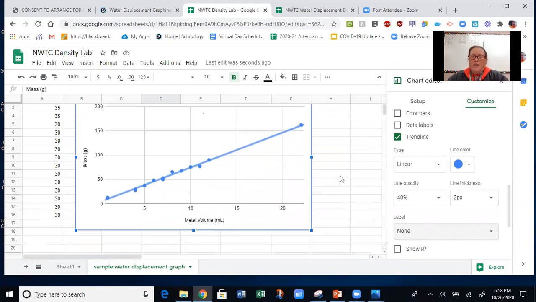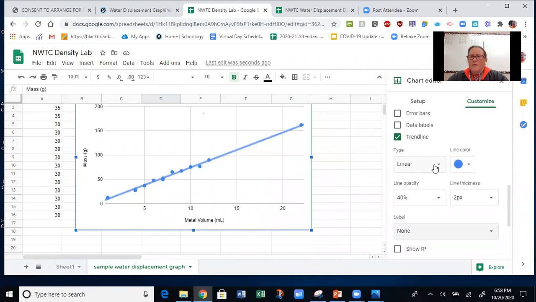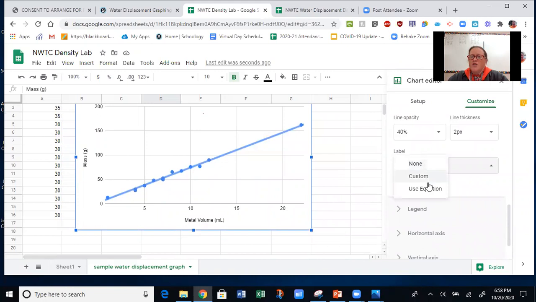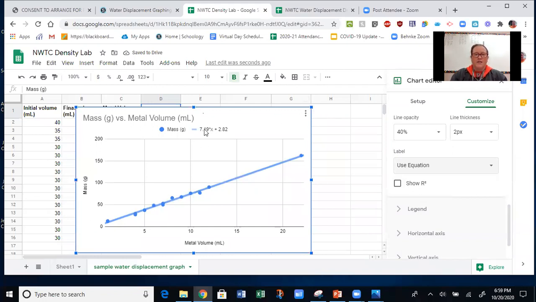So once we have our trend line, we want to, I seem to have lost it already. Click Label and choose Use Equation. Now what that did is it put an equation right here. I'm going to annotate again because I'm going to show you what that is.